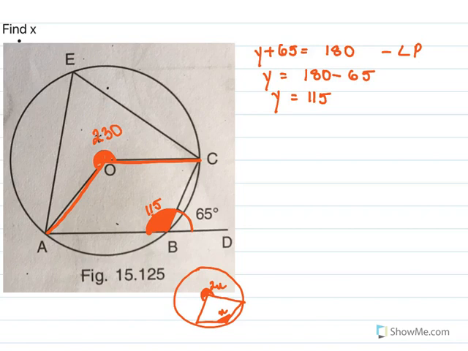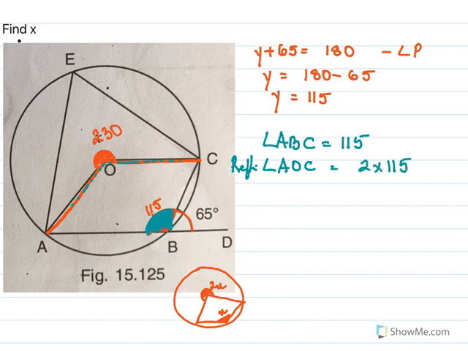So in the next step, we have taken 115, which we already found out. So angle ABC, which was Y, is 115. And when we want to find out reflex angle AOC, it will be 2 times 115, and that is 230. So this angle will now be 230.